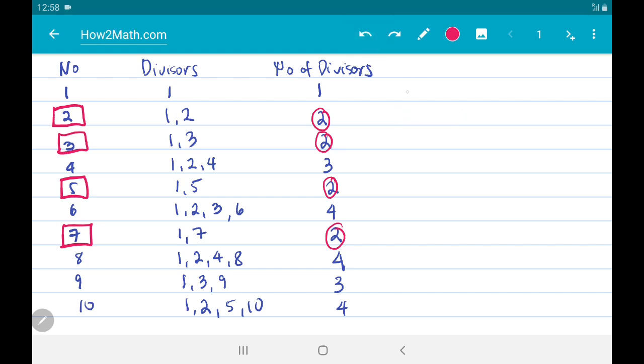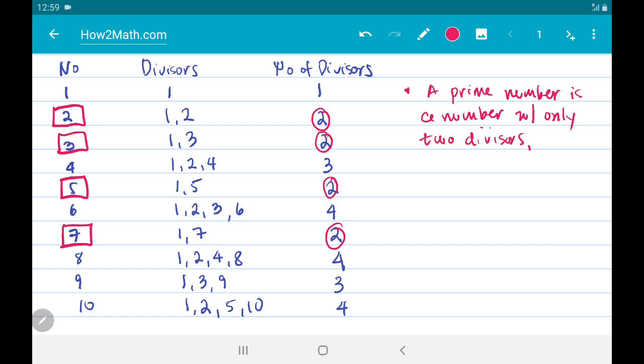So let's note: a prime number is a number with only 2 divisors, 1 and itself. For 7, the only divisors are 1 and 7 itself.